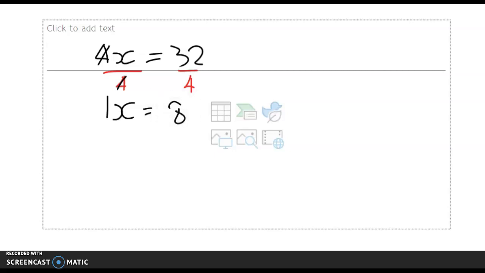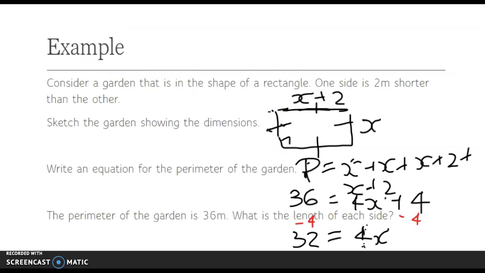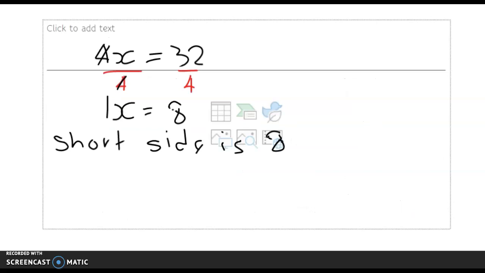Now that means that the shorter side is 8. So we can conclude there the short side is 8. And here's where you look back at the question to see if it's in meters or centimeters. Looking back here, it says it's in meters because it's a garden bed.